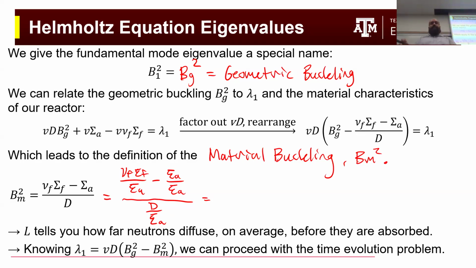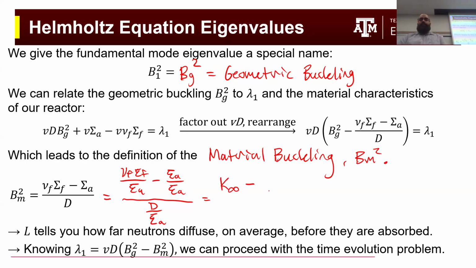And then we're going to get some definitions that pop out of this. The first thing we have right here, nu sigma_F over sigma_A, that's a special quantity in nuclear engineering that we defined, I think, last time or maybe the time before. That's our k infinity, the infinite multiplication factor.